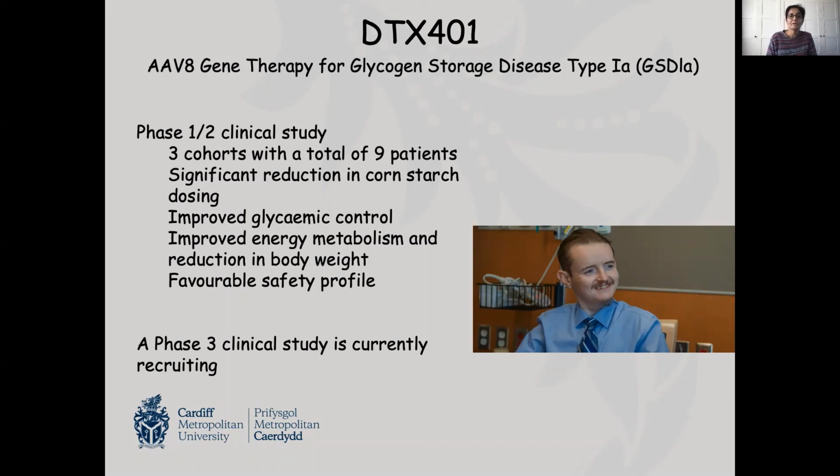They are showing good levels of metabolic control and without any side effects at the moment. Currently phase 3 trials are recruiting, and we are hoping to have some positive outcomes from gene therapy for this disease, which is looking positive.